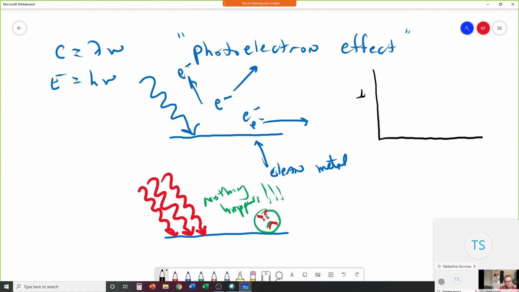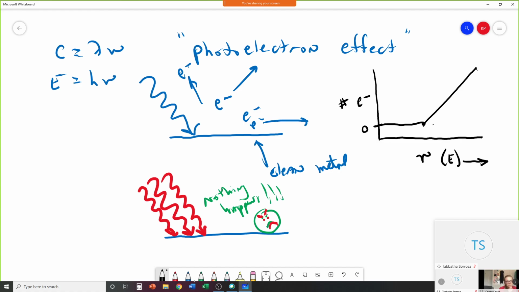that the intensity, or the number of photons, let's change that to just number of electrons. The number of electrons coming off, and here's 0, and here's the frequency, or the energy, as we're going this way. You will see that as you increase the frequency, there are no electrons, and then at some magical point, depending on the metal, you start getting electrons.